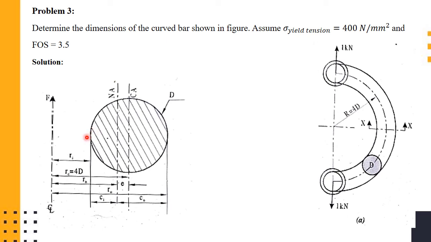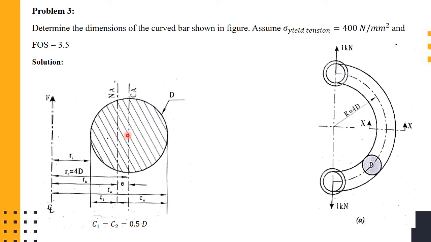Here this side is the inner surface. So neutral axis is shifted towards the inner surface, and the distance between neutral axis and centroidal axis is given by eccentricity E. And you know that with respect to centroidal axis, the terms which we consider are C1 and C2.